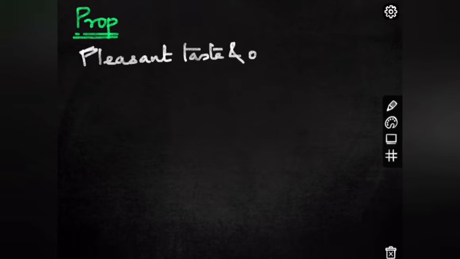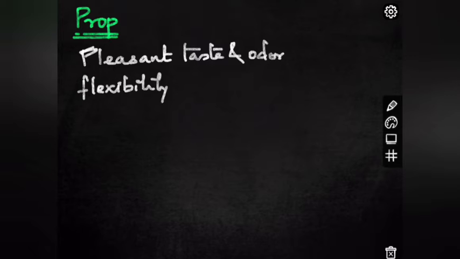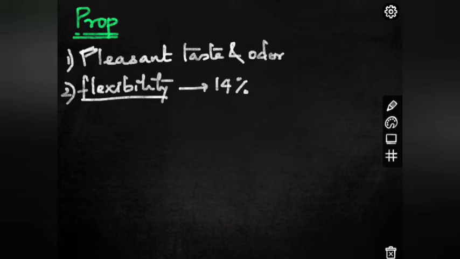So now let's talk about the properties of alginate. Basically, alginate has pleasant taste and odor, so it is more acceptable to patients. Now talking about flexibility, which is very important for an impression material, it has around 14% flexibility.